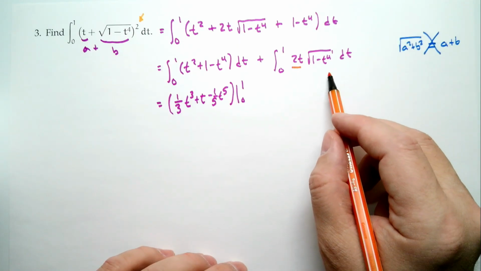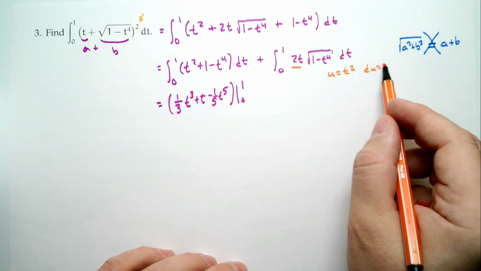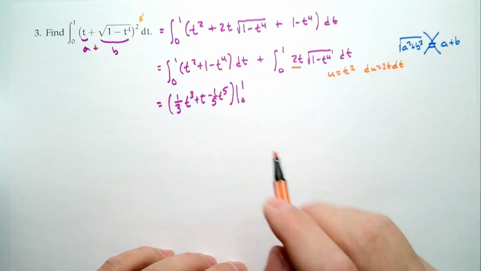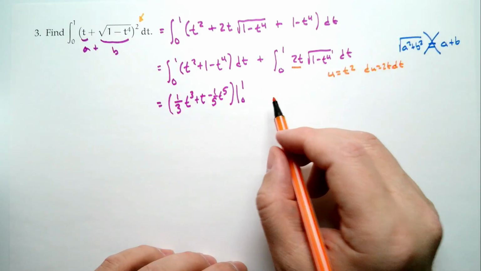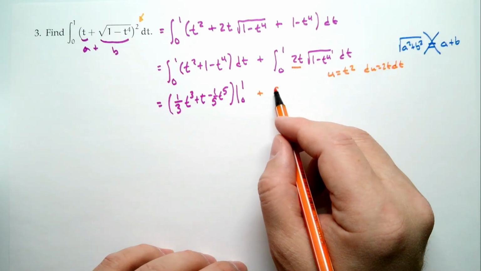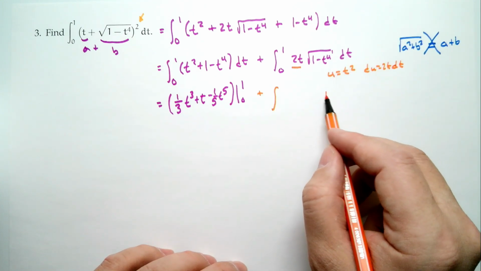So let's put a substitution, u equals t squared. du would become 2t dt. Now, not every substitution works, but we should try it. And worst case scenario, it doesn't work, and then we try something else. So the 2t dt becomes our du.